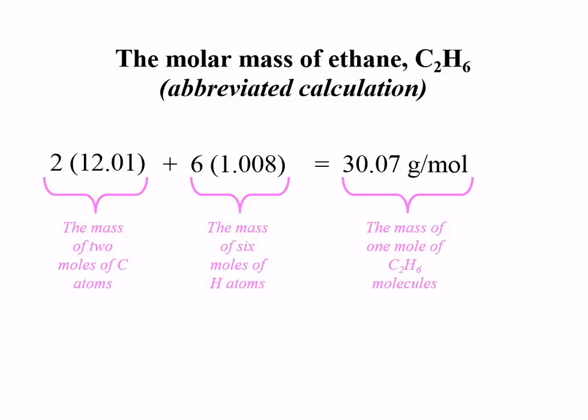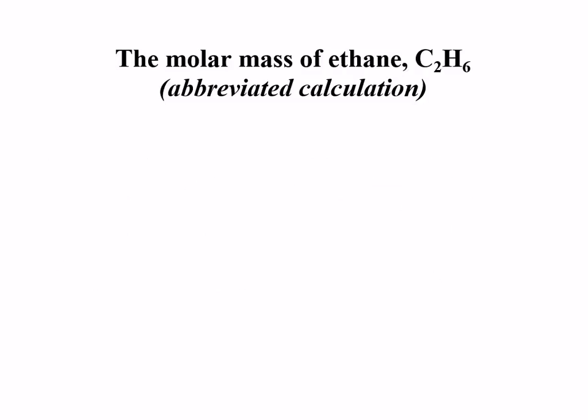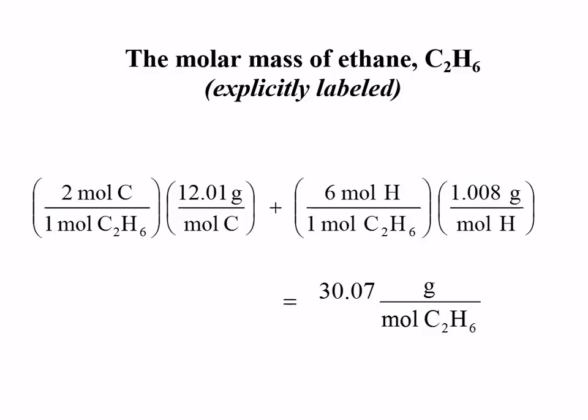One question on this slide: when you have grams per mole of C2H6, can you put the C2H6 after that? So yes, it's grams per mole of the whole thing, right? I was just making sure.